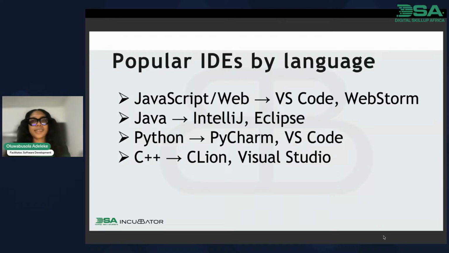For those using C++, it is advisable to use Visual Studio or CLion. I would advise you note these points so that when you get to the point of selecting the language you want to use, you can always know the right IDE to use for your specific language to make life easier for you.